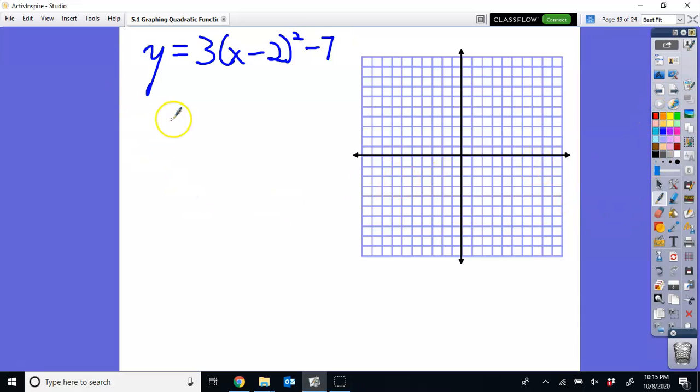Now, vertex form for me, what I like to say is that it has that parentheses squared. That's what I'm looking for in vertex form. But the key thing is if I take the opposite of this and the same as this, that would be +2, -7. That is going to be 2, -7. That's where my vertex is located.